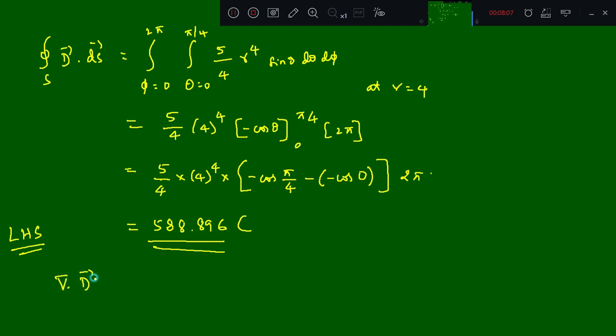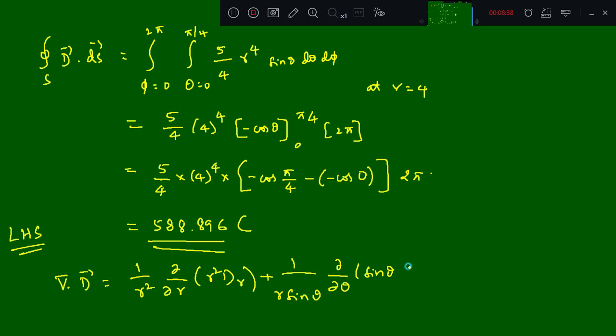So next we have to evaluate del dot D. If you want to evaluate this del dot D for the spherical coordinate system, we have the formula: 1 divided by r square dou by dou r of r square into Dr, plus 1 divided by r sin theta dou by dou theta of sin theta into D theta, plus 1 by r sin theta into dou by dou phi of D phi.